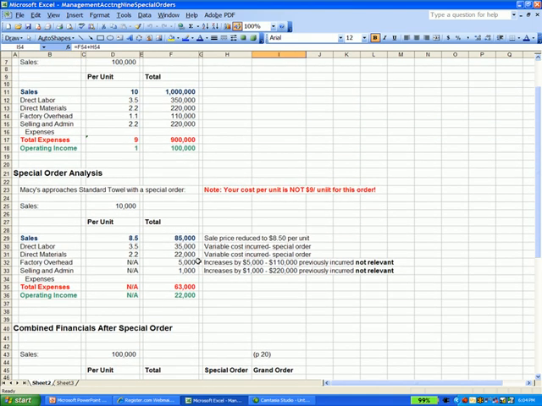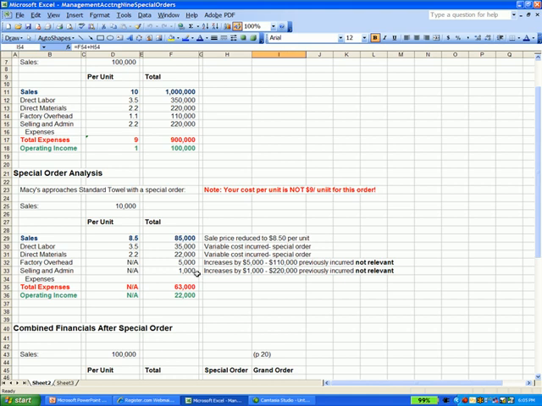So the only thing you consider is the increases. If you produce the additional 10,000 towels, you get a total of 5 plus 1 or $6,000 in additional costs here in these two lines. But if you don't produce the additional 10,000 towels, you don't incur these costs. So the only relevant amounts for factory overhead and selling and admin is $6,000.